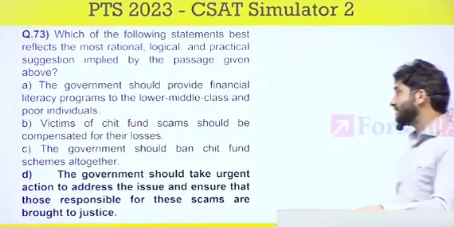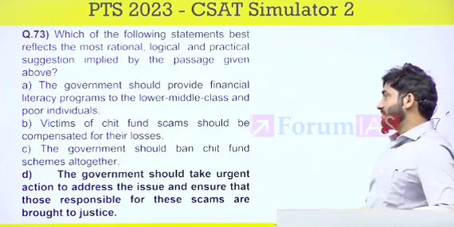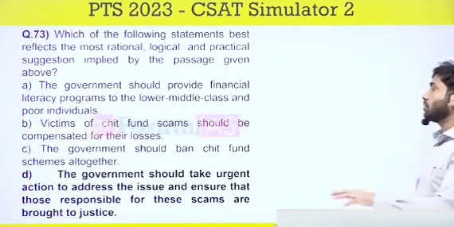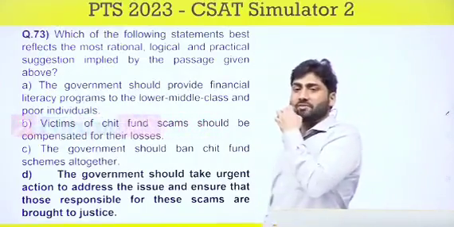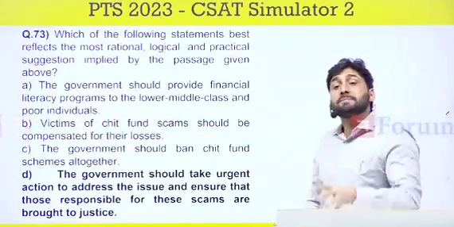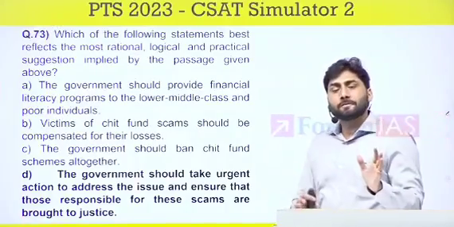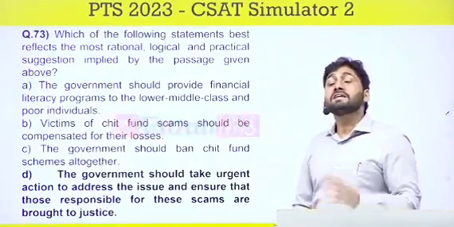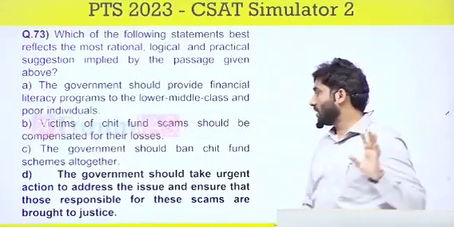The government should take urgent actions to address the issue and ensure that those responsible for these scams are brought to justice. In the second part of the passage, this is what is being highlighted, that these people are at large. They're not caught. Justice is not done. They even find loopholes and run away out of the country.